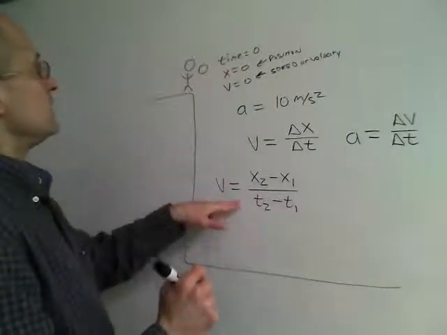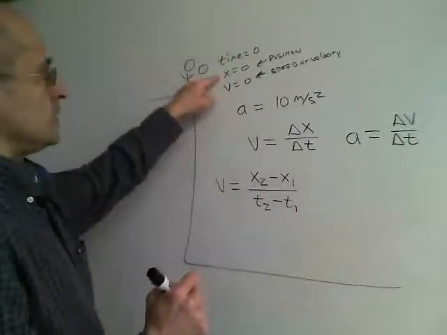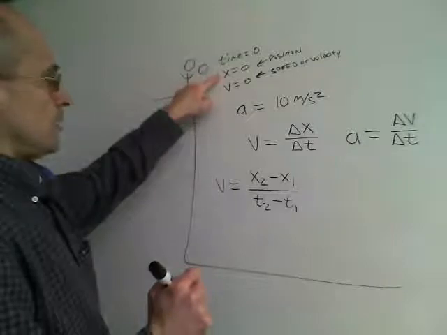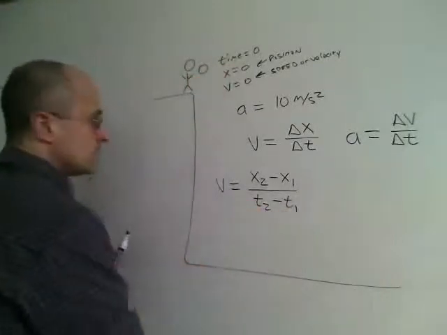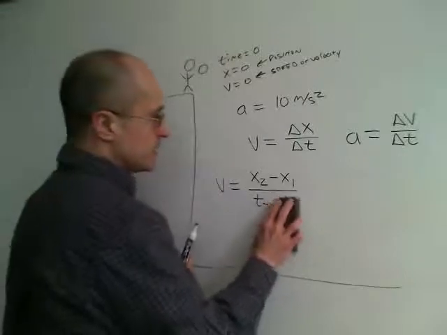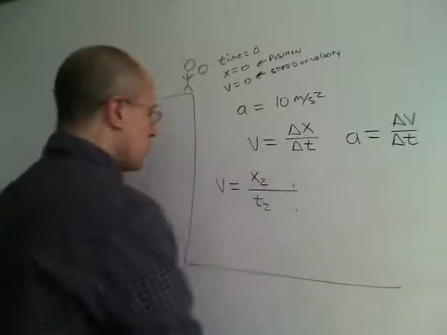Well, we know our x1 is always 0, and we know t1 is 0, so we can put zeros in here, and those go away.